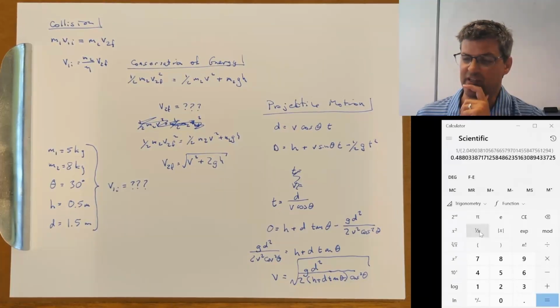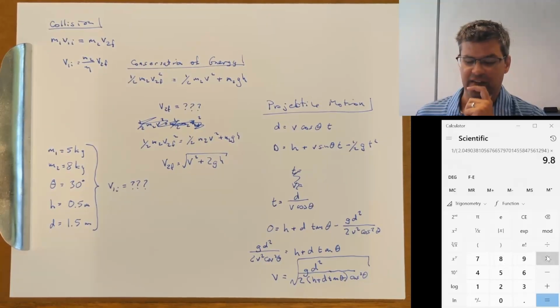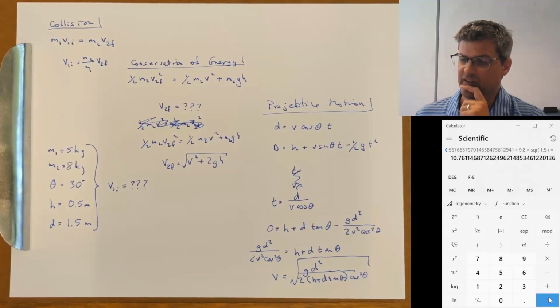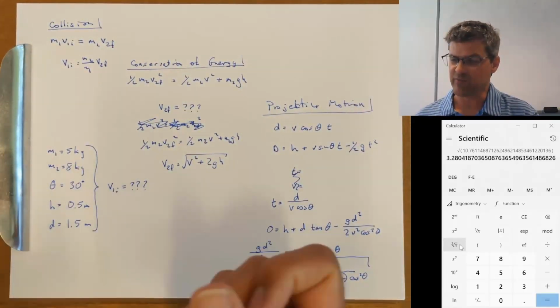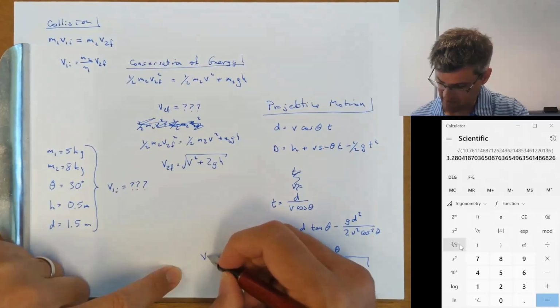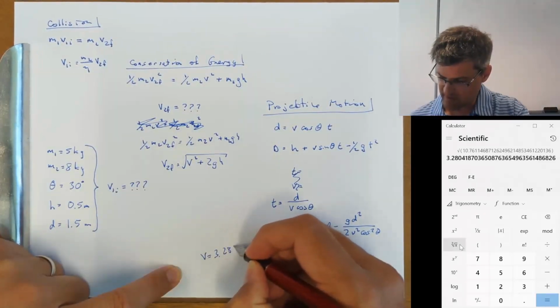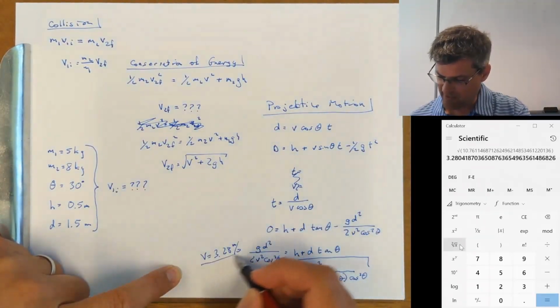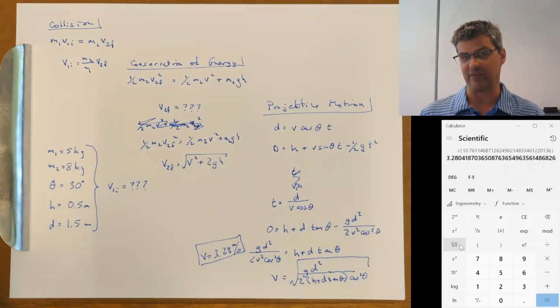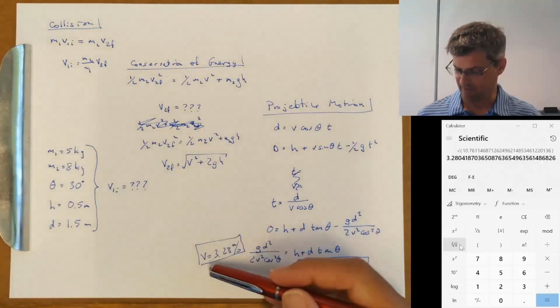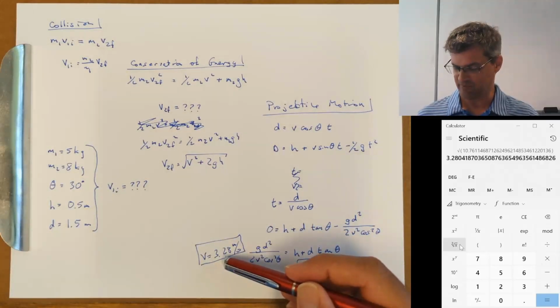Put that in the denominator, times 9.8 and times 1.5 squared. So this is some number. I take the square root. Here we found essentially that v was 3.28 meters per second. That is how fast the ball m2 had to leave the ramp in order to have the value of d that we had before.